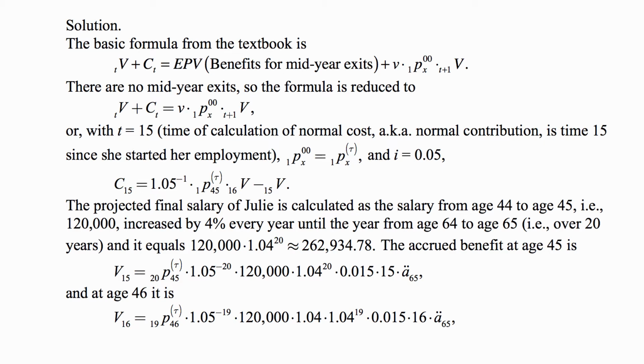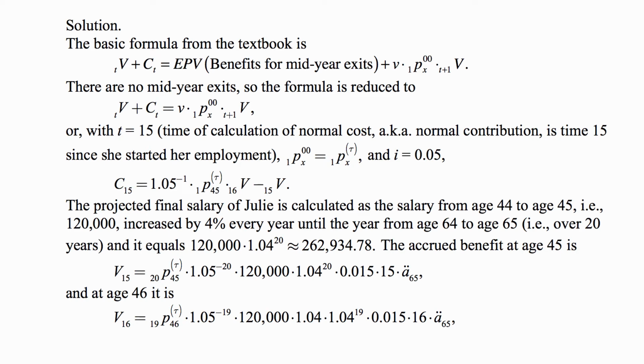In this problem, there are no mid-year exits, in the sense of no payments for them, because there is nothing to pay if the person exits. That's what the problem says. So the formula is reduced to tV plus tC is equal to the present value of the next accrued liability.